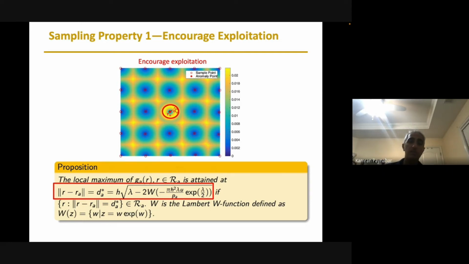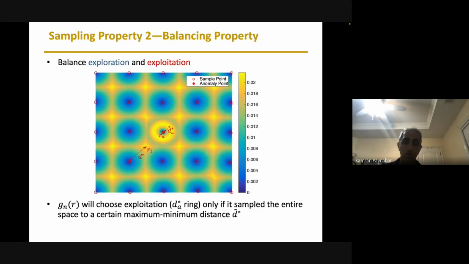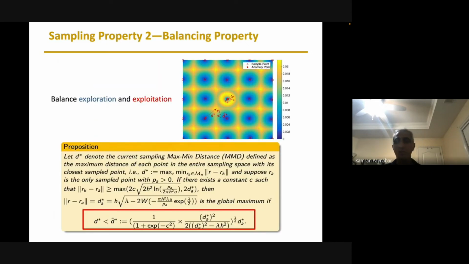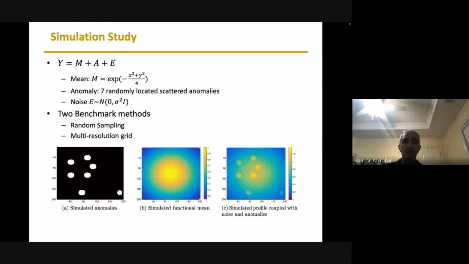So the input of this algorithm is D. D is the size of anomaly that you want to make sure that you capture, okay? And this algorithm can guarantee that you are not going to miss that anomaly if you follow this algorithm, okay? That's mathematically proven. And the second one is, again, ensuring that there is a balance between exploration and exploitation. Okay, I'm not going to go over the mathematical details of that, but let's see if we follow this algorithm, how it performs.